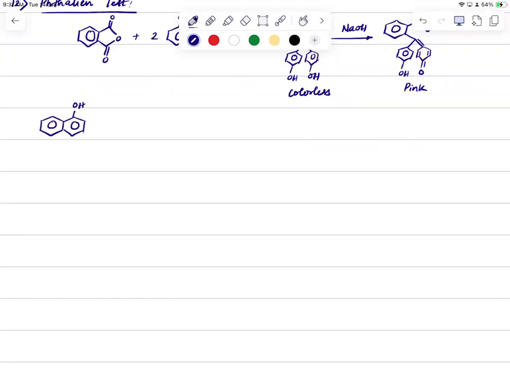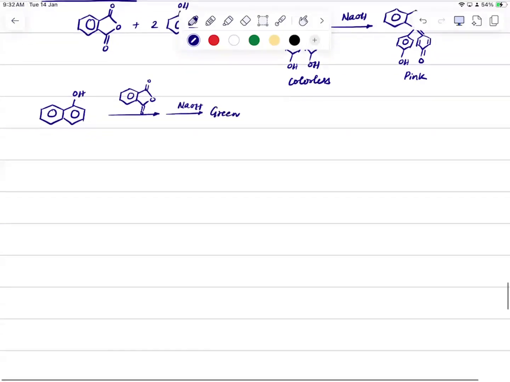If you have an alpha naphthol, typically the color which you notice, first phenol, first phthalic anhydride, and then followed by NaOH, that will be green color. This will be green color.